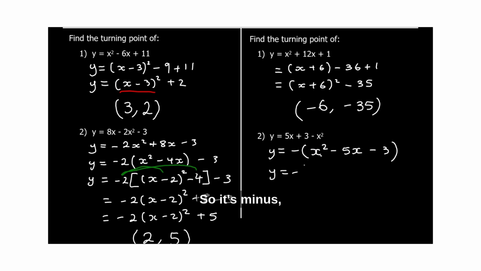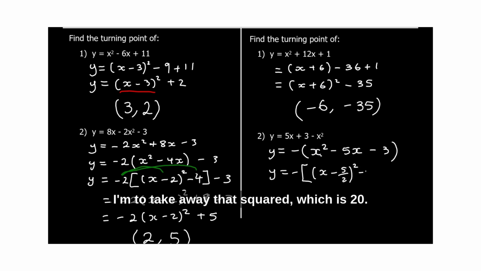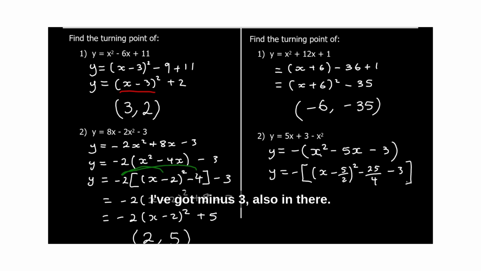So it's minus, I'll do a square bracket, half of negative 5. I'll write as negative 5 over 2. I'm going to take away that squared, which is 25 over 4. And I've got minus 3 also in there. 3 is 12 quarters. So I've got 25 quarters, take away 12 quarters.